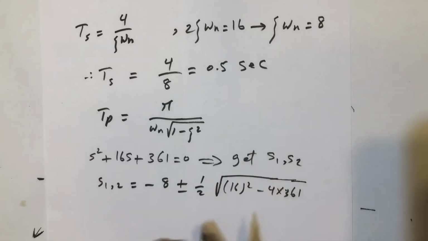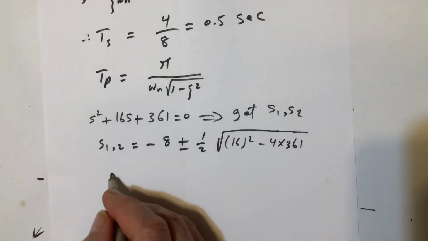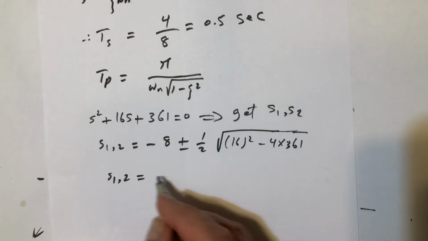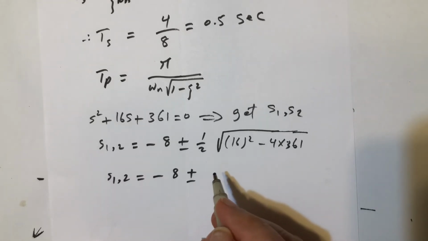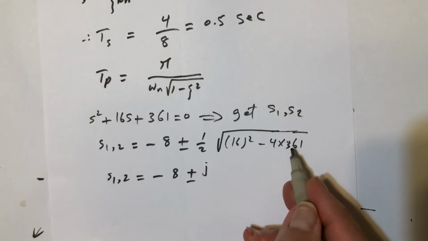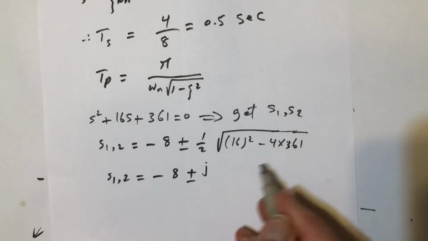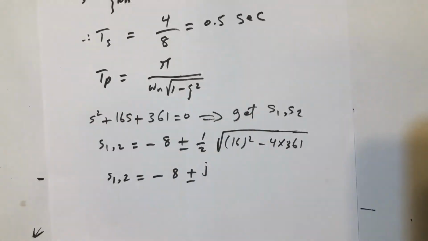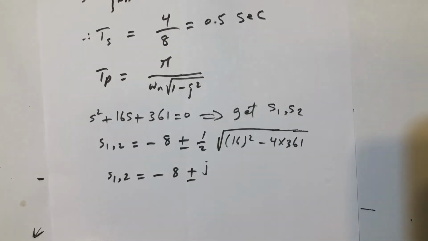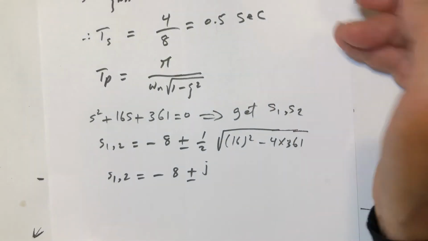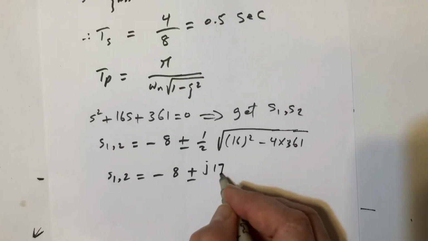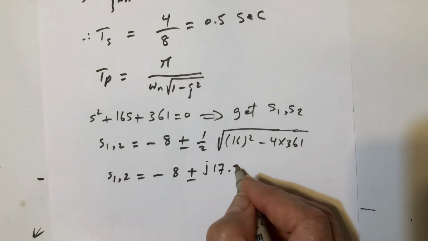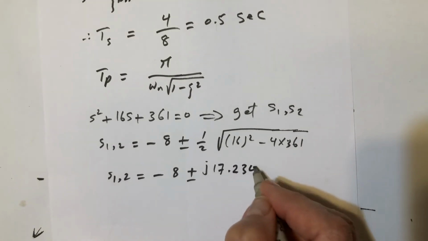To minimize calculation, we get that s1,2 equals minus 8 plus or minus j, because this is greater than this, so the term under the root will be negative. This means these are complex roots, which means it is underdamped. And we can understand it's underdamped because zeta is 0.421, less than 1. So it's underdamped, we already know that. This is 17.234.